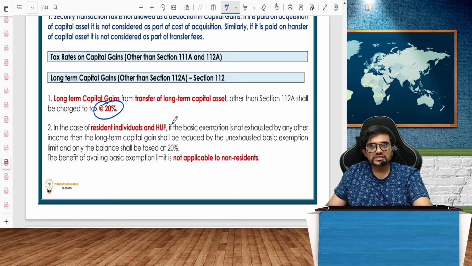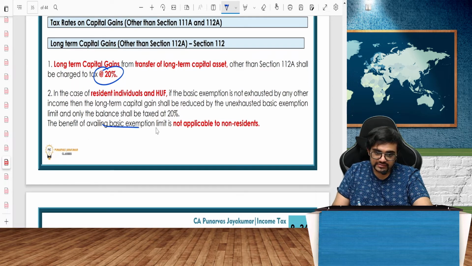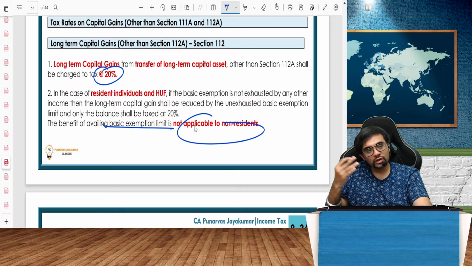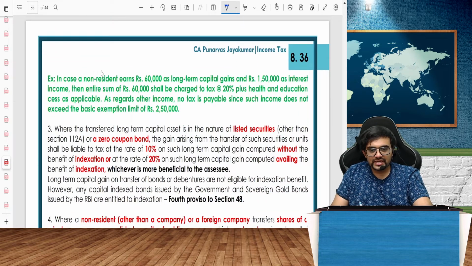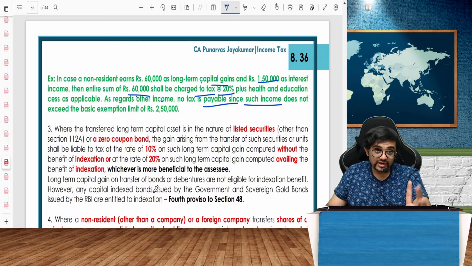Similarly, the basic exemption limit is not applicable to non-residents. In case a non-resident earns 60,000 as long-term capital gain and 1,50,000 as interest income, the entire sum of 60,000 shall be charged to tax at 20% plus health and education cess. As regards other income, no tax is payable for the non-resident.